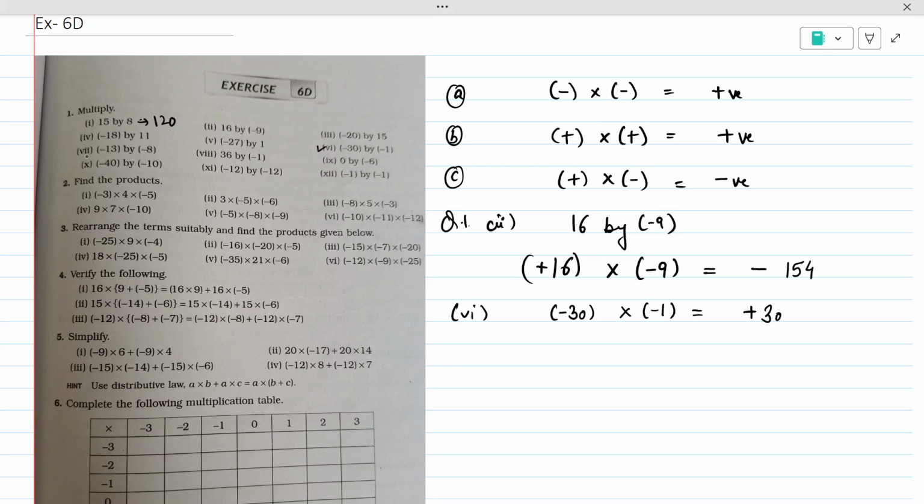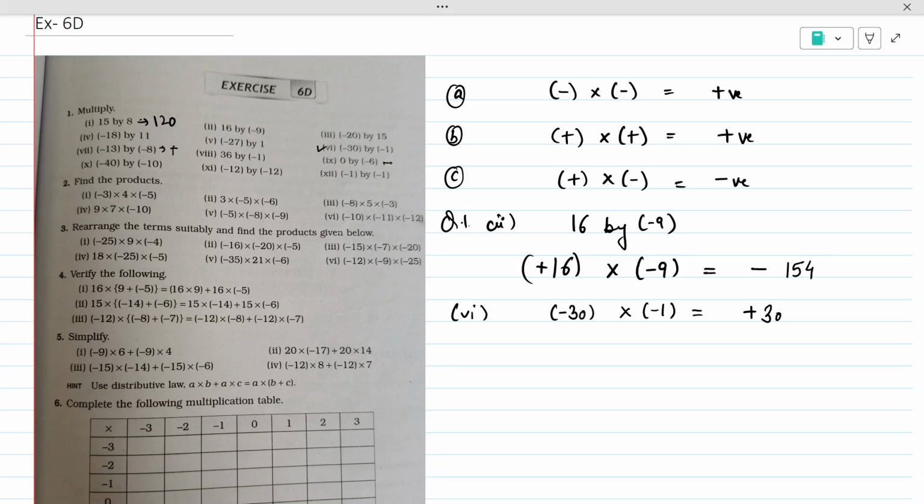Similarly, in the 7th question, both the integers are negative. So minus into minus will give us plus. Answer will be plus and the product of these two numbers, that is 13 into 8. Next we have 36 by minus 1. So again the product will be minus. In the 8th one, we have 0 by minus 6.